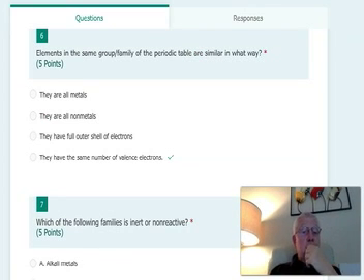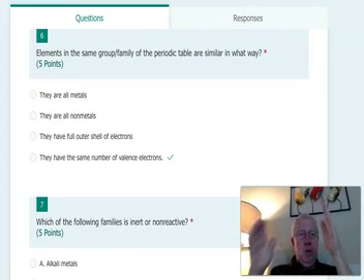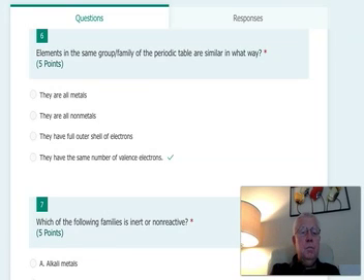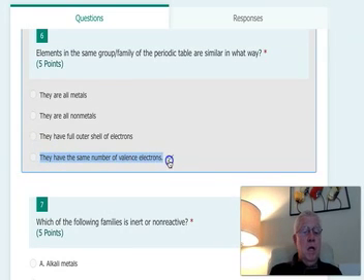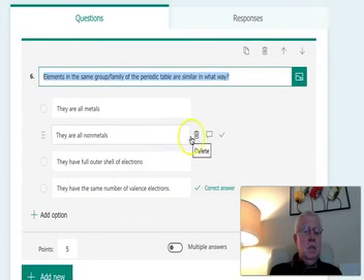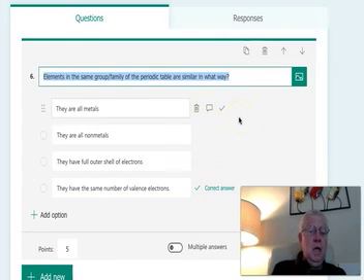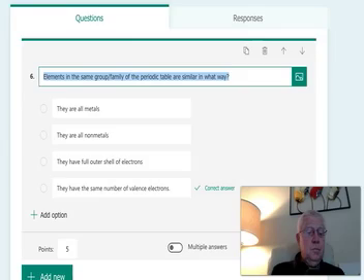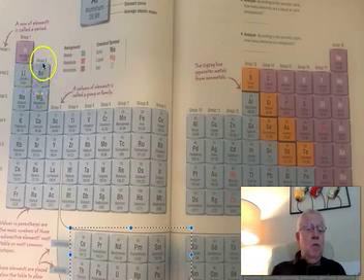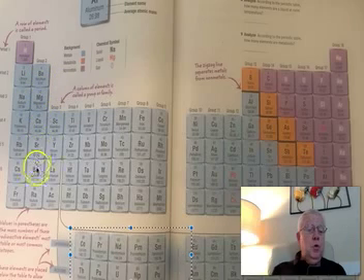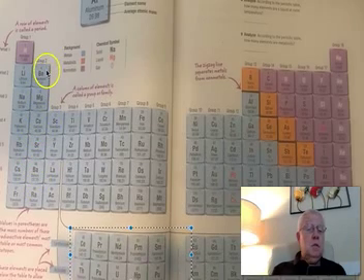Now, number 6, elements in the same group or family, so the elements going down a column of the periodic table, are similar in what way? Well, here you go. They have the same number of valence electrons. Okay? Same number of valence electrons. So when we go back to the periodic chart, all of these atoms in group 2 have 2 valence electrons.